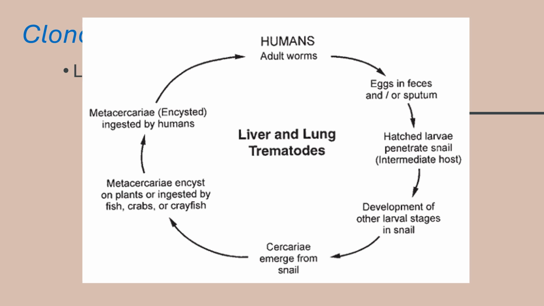Cercaria will emerge and swim and find the second intermediate host, wherein the cercaria will encyst, and then the freshwater fish containing the metacercaria is ingested by humans.